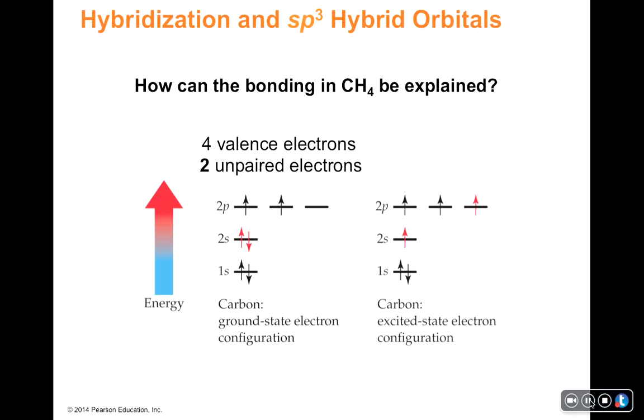Even if we do this excited state electron configuration you see on the right, you'll notice we have 3 electrons in 2p orbitals and 1 of those electrons in the 2s. Those are at different energy levels. And that would not be enough to explain the bonding and what we know about methane, in that the bond lengths and strengths of each of those bonds are identical.